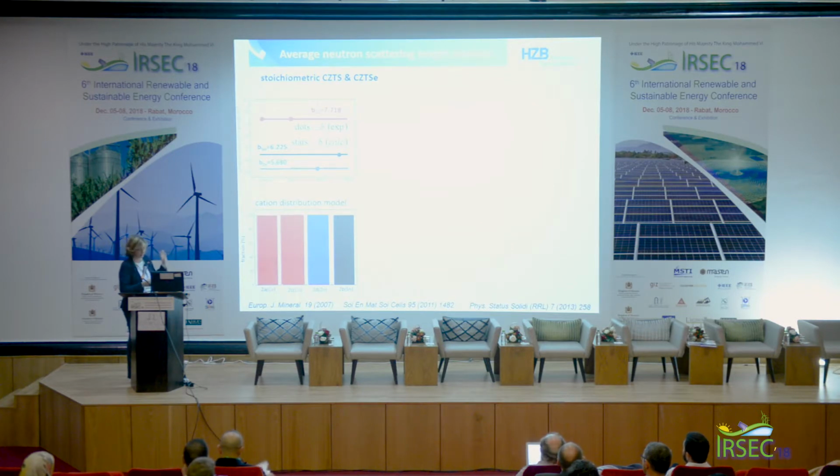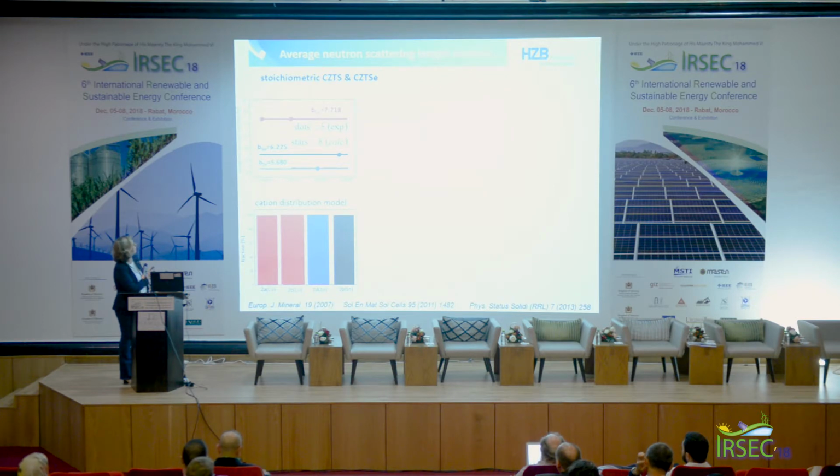This is just an example to show you how it works. This is not measured. This is just to show the principle. If you have a Kesterite-type structure, you have this cation distribution. So you have copper on the 2A and 2C sites, zinc on the 2D site, and tin on the 2B site.